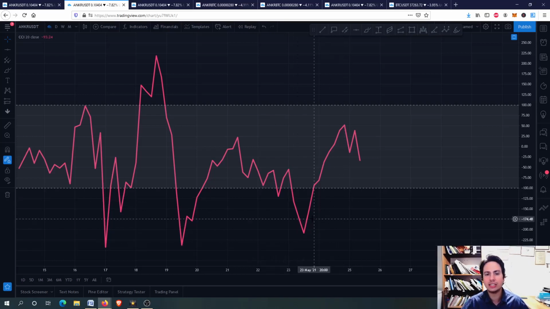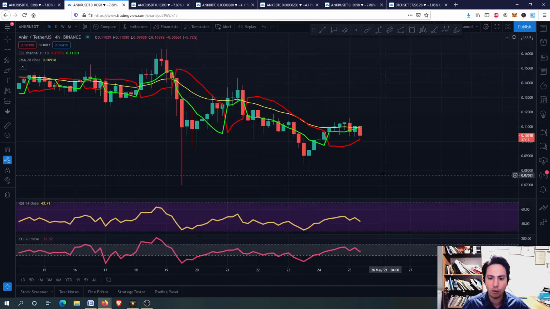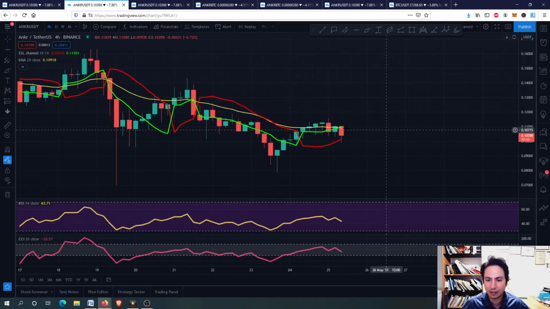This is a general rule for a good market, when Bitcoin goes up, when Bitcoin is stable, or when Bitcoin goes down, but not so much of a correction like it had for the past 2 days. Okay, so right now let's see Ankr against USDT in the 4-hour frame.